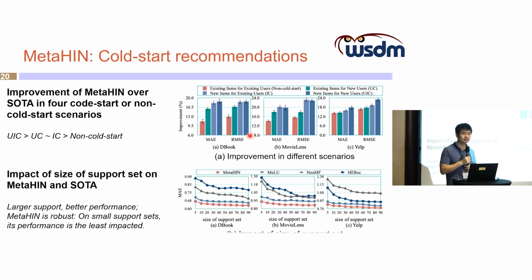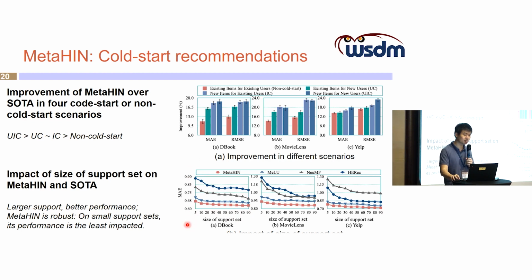Another thing is you can look at the impact of the size of the support set. Basically, the support set in each task is a kind of mini training set for the task. Each task here is a user, right? If we reduce the support set, you can see that some competing methods degrade severely.